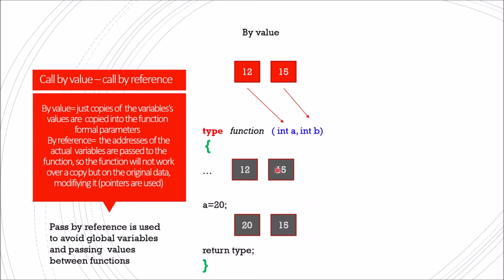So we have 12 and 15, but these variables are different variables than these ones outside the function. Okay, so we basically are making copies inside the internal variables of the function, which are called formal parameters, which has two integers named a and b.